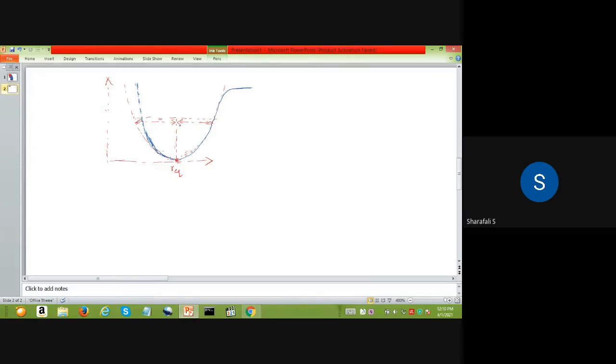If you take any energy level, that separation from the equilibrium is going to be the same.